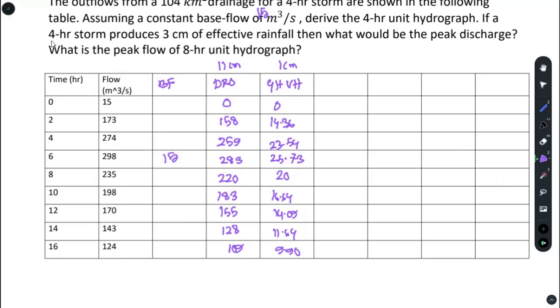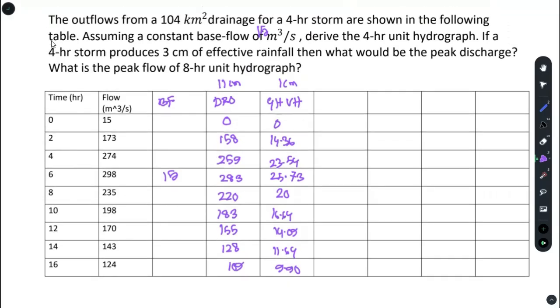The second question was, if a 4 hour storm produces 3 centimeter of effective rainfall, what would be the peak discharge? So now I'll get the direct runoff discharge Q for 3 centimeter rainfall. For that, I will just multiply the unit hydrograph for 4 hours for 1 centimeter rainfall by 3.